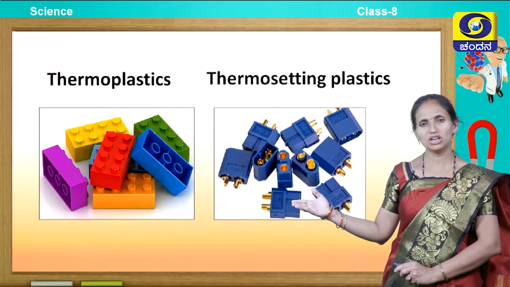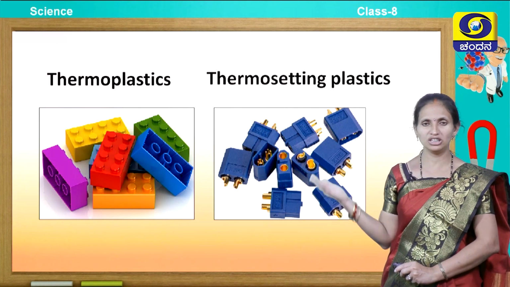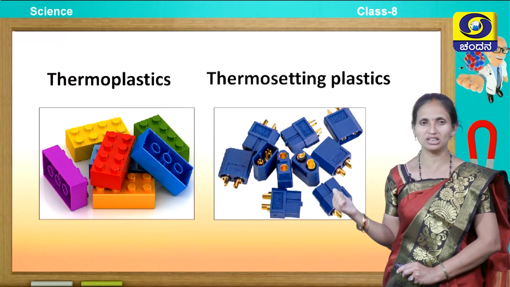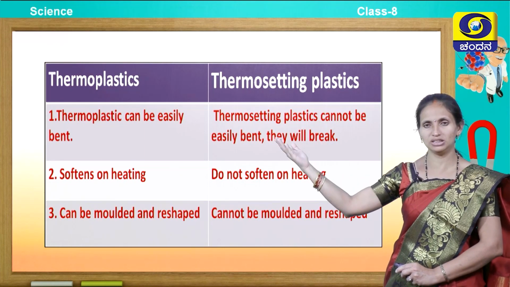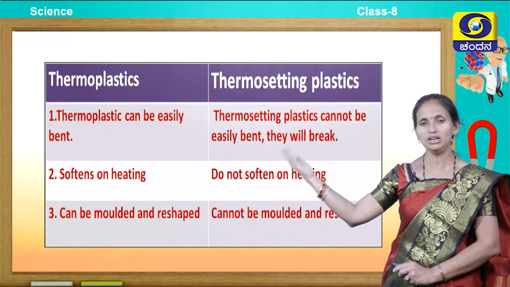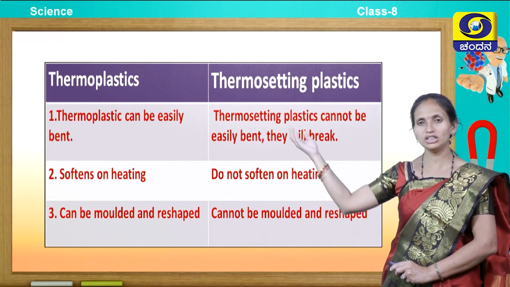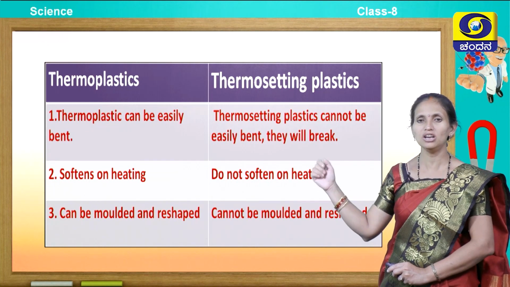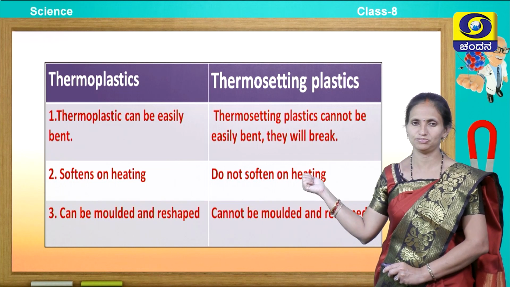So, we have learned what thermoplastic and thermosetting plastic are. Let us do the comparison. Thermoplastics can be bent easily, whereas thermosetting plastics cannot be bent easily; if you try to bend them, they will break.